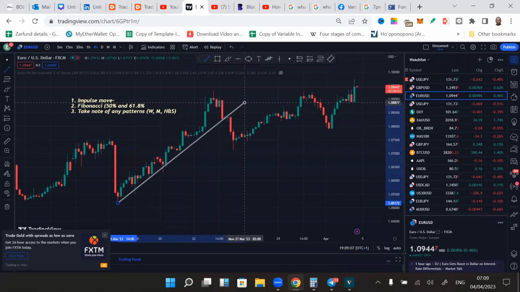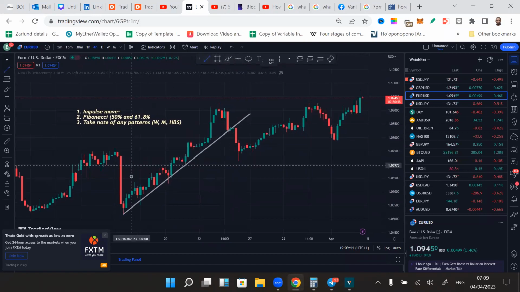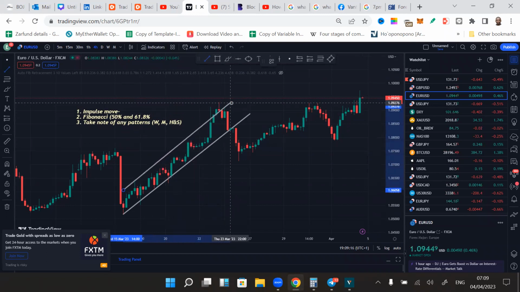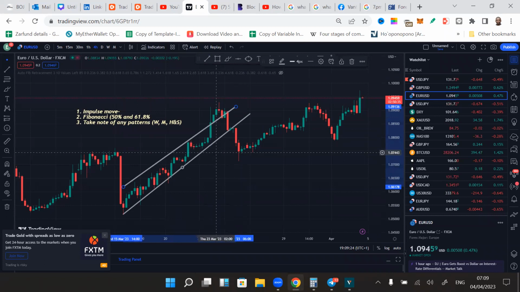You see how it keeps going? And if you take another trend line and draw it behind it, it's the same thing. You see that, right? So this is what you call an impulse move.